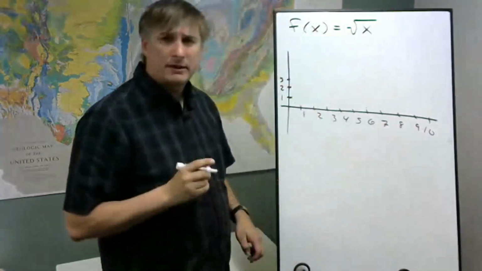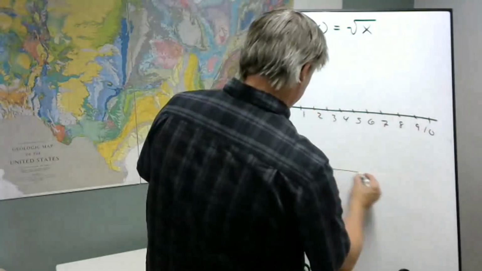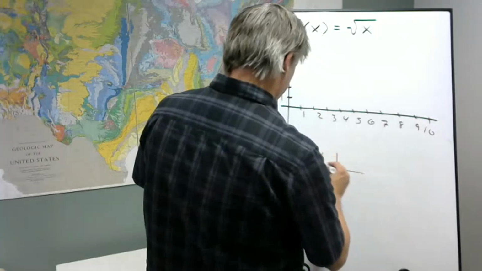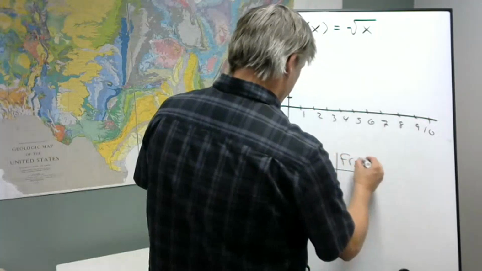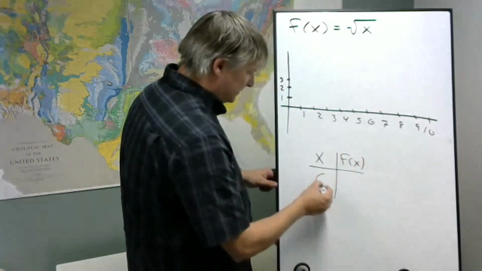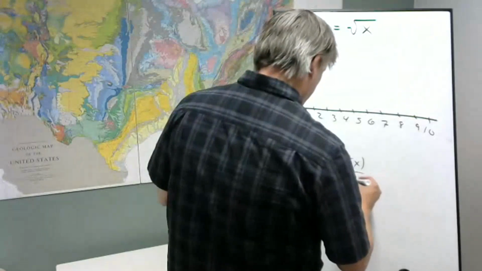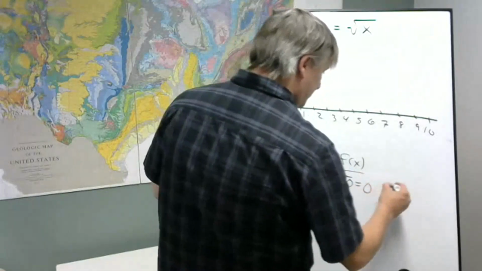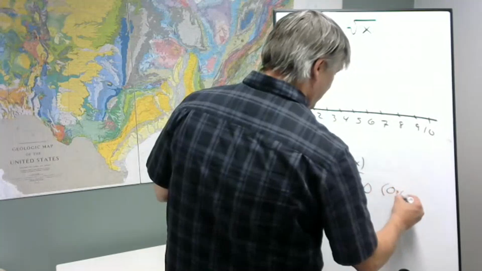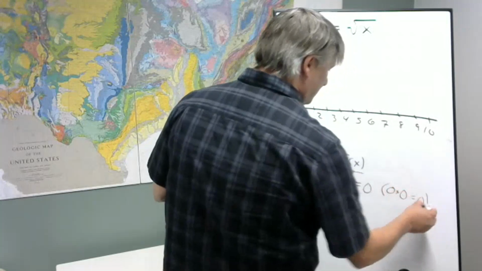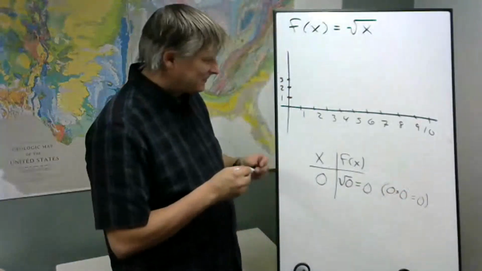And there's one more point I want to put in. X is 0. The square root of 0 is equal to 0. The reason is 0 times 0 equals 0.